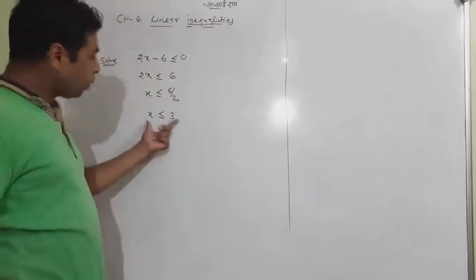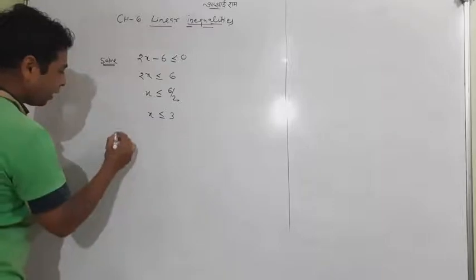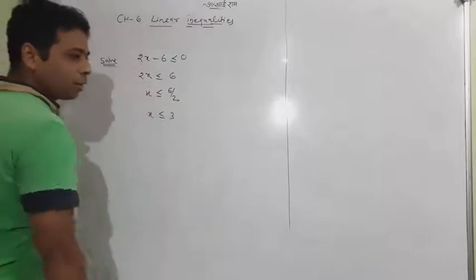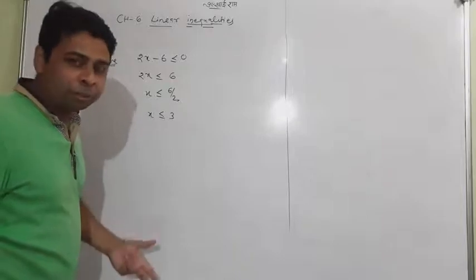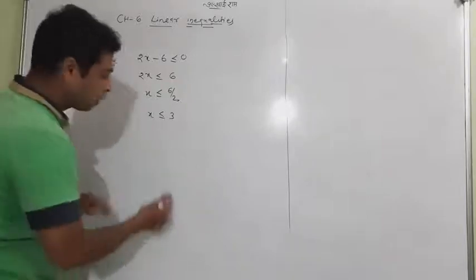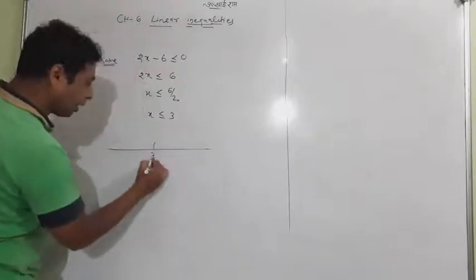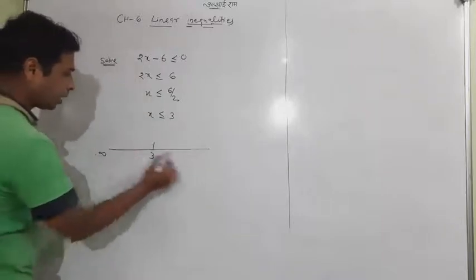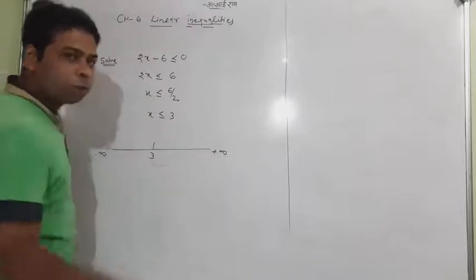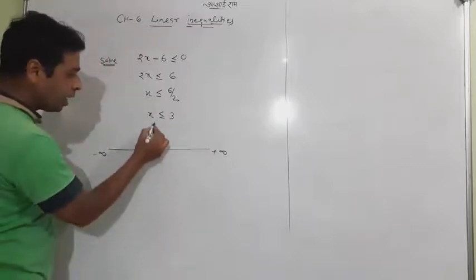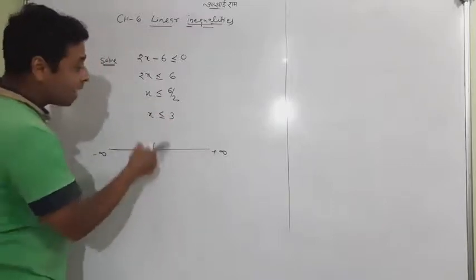So if I ask you what is the value of x, it's tough to speak but very easy to express. This is the number line, this is minus infinite, this is plus infinite. x less than or equal to 3 is very simple. This is 3, x may be equal to 3 or less than 3.